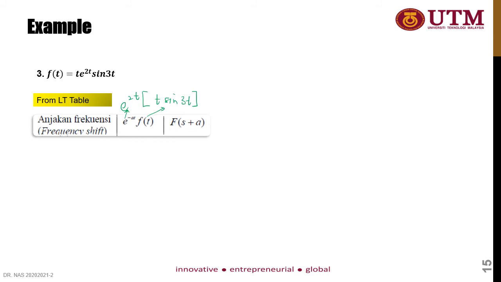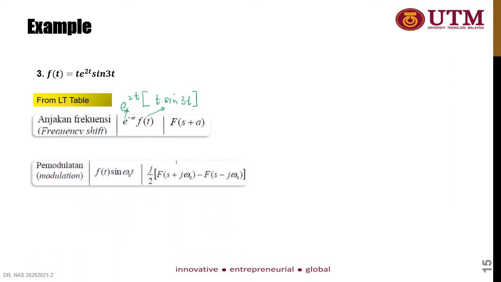But from the table also, you may find this function, f(t) sine omega naught t, which if you compare to the given equation, this is the sine 3t. So your f(t) is basically t e to the t. And in S domain, the equation will be something like this.